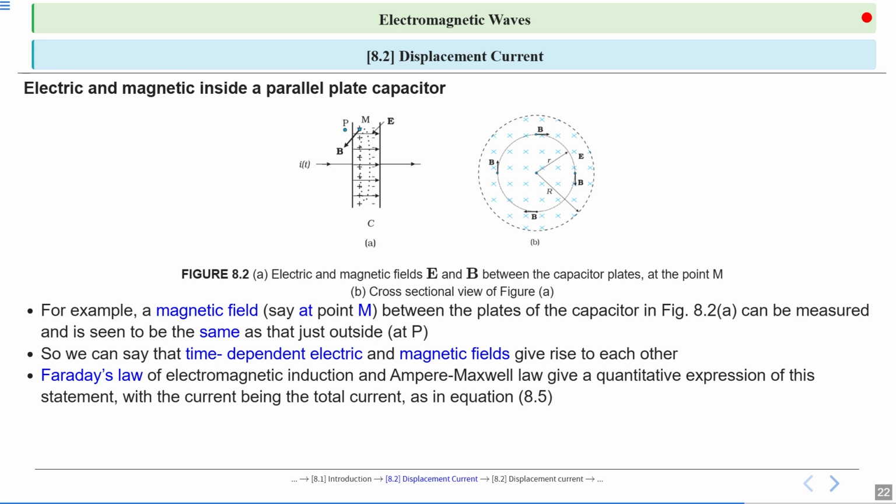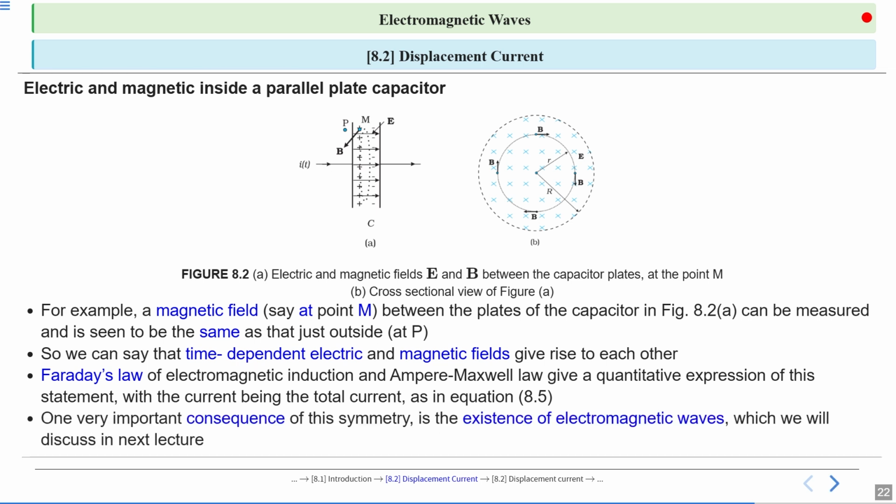One very important consequence of this symmetry is the existence of electromagnetic waves, which we will discuss in the next lecture. Due to this conclusion, Maxwell concluded that light is an electromagnetic wave.